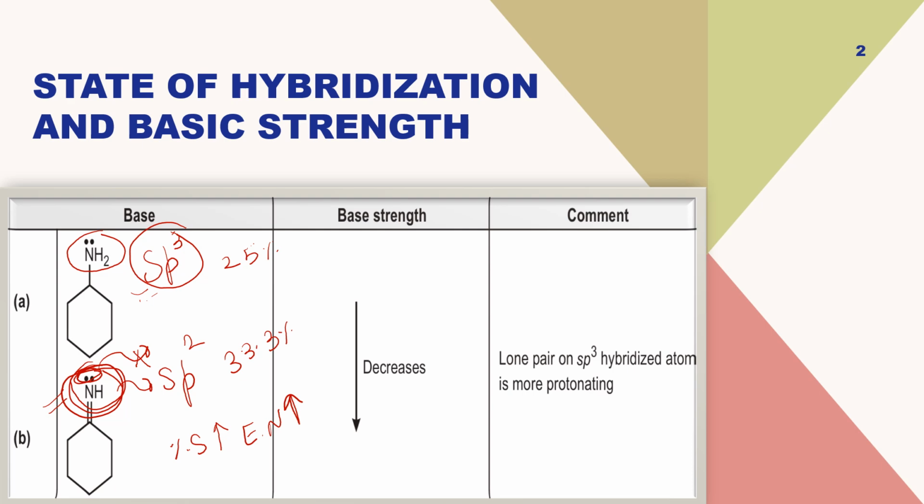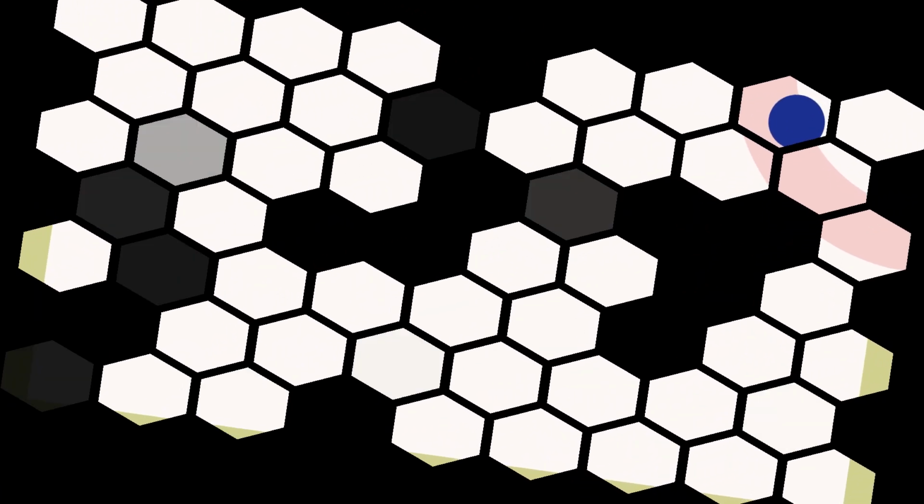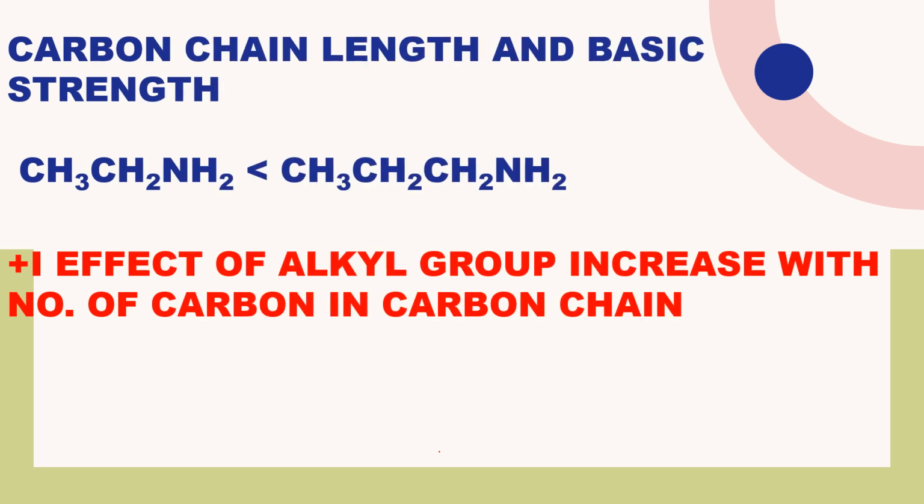Now come to the second factor. The second factor is carbon chain length and basic strength. If carbon chain length is increased, for example in this compound, the plus I effect is also increased.